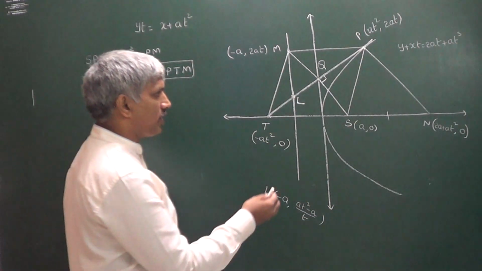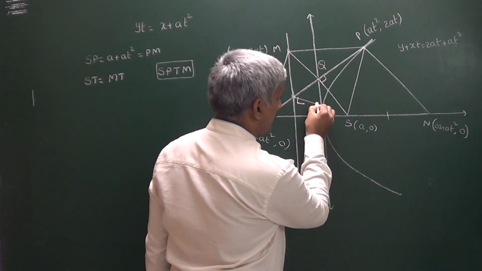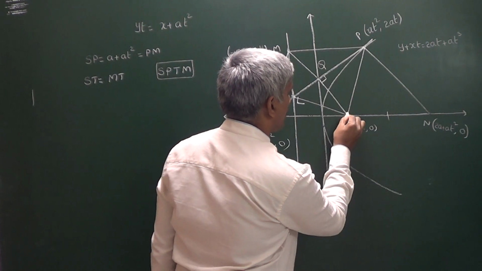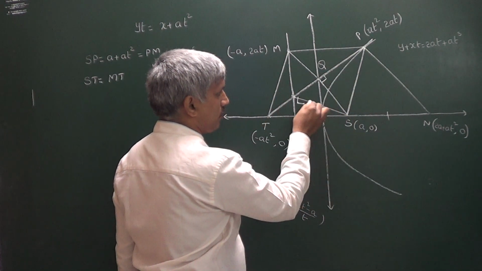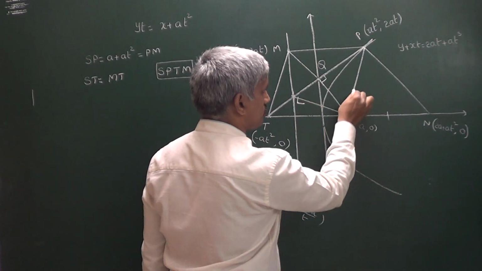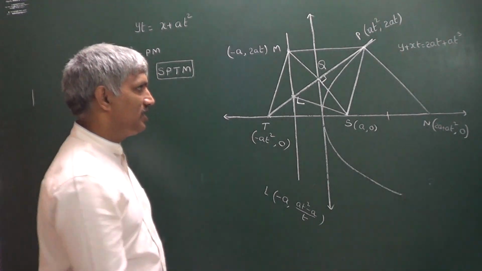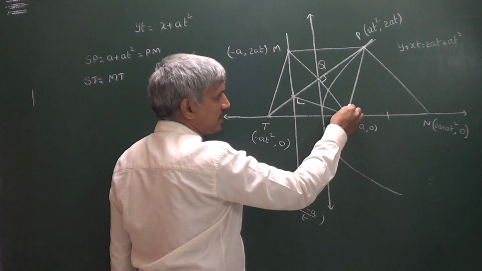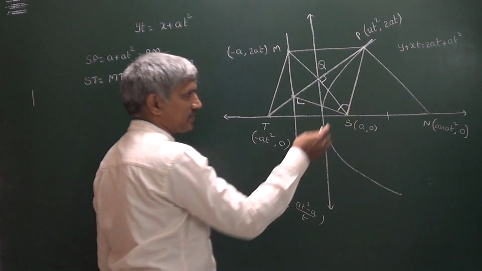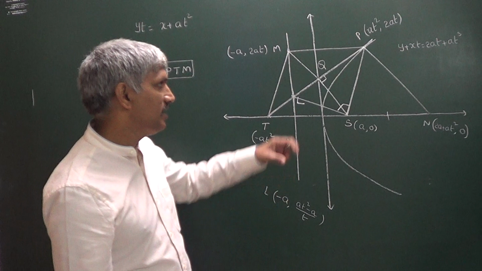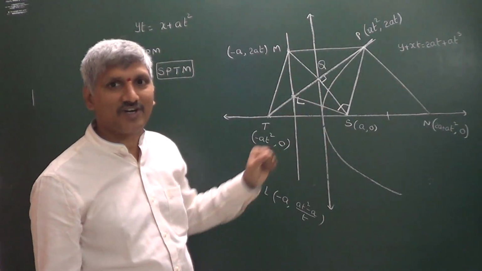If you find out the slope of SL and SP, SL slope and SP slope product, you will get -1. That means the portion of the tangent between the point of contact and the directrix, that is nothing but PL, PL subtends 90 degrees at focus.